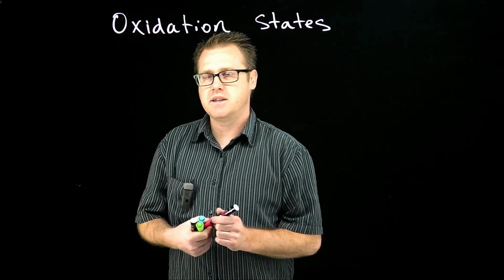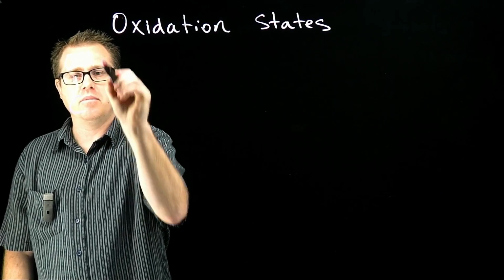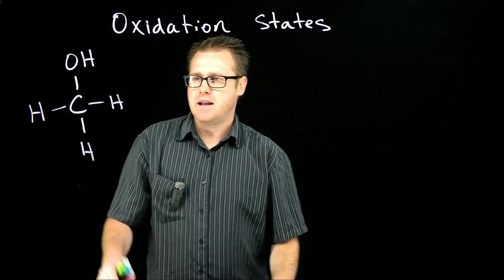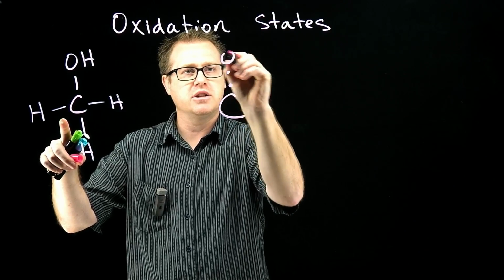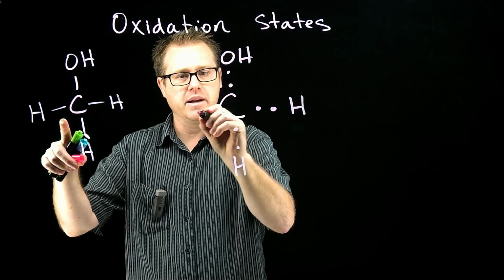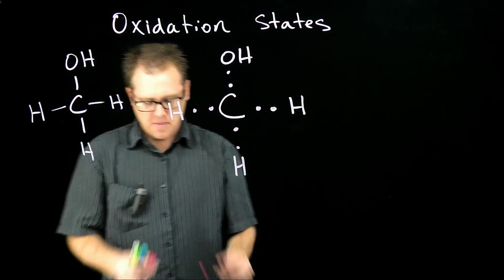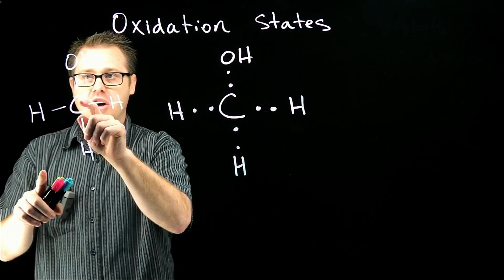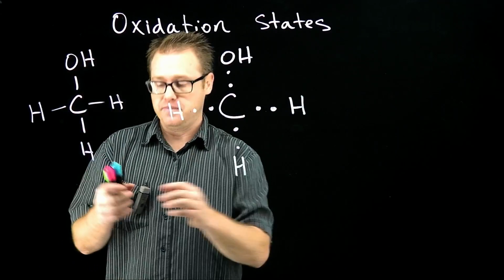In order to understand oxidation states, let's do a compare and contrast with the molecule methanol. We can represent it like so, because those covalent bonds are electrons. Here's methanol. These are all covalent bonds. Now, when we want to calculate the formal charge of this carbon, we treat the molecule as if it's all covalent.